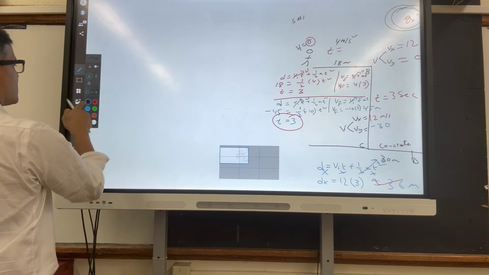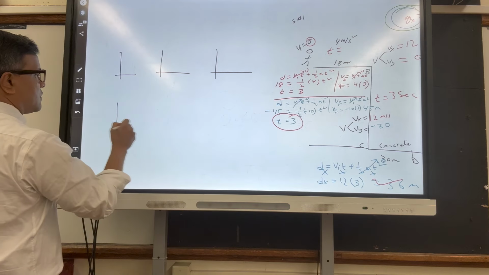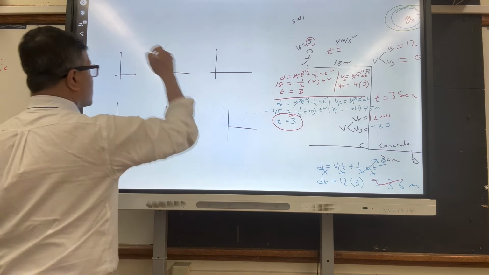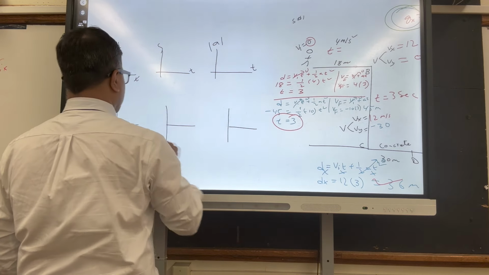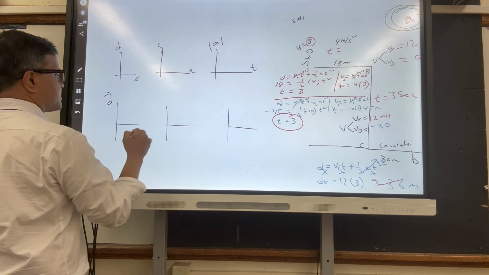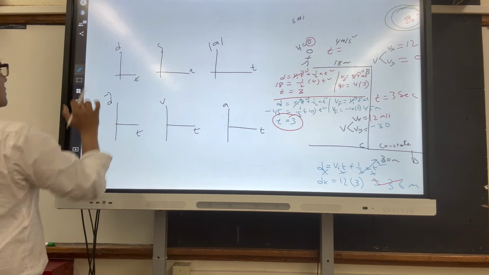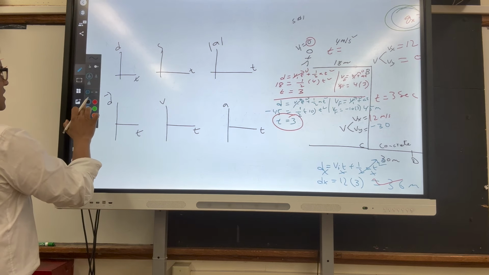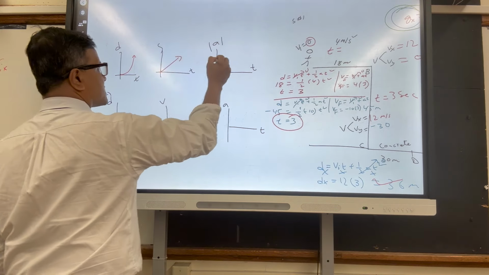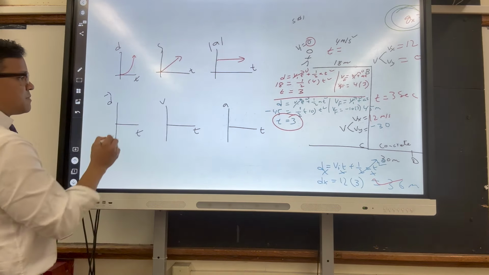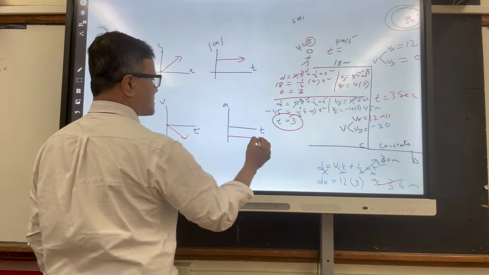So graph 1, 2, 3, 4, 5, 6: distance versus time, speed versus time, acceleration versus time, displacement versus time, velocity versus time, acceleration versus time.